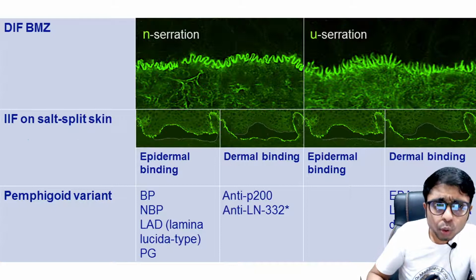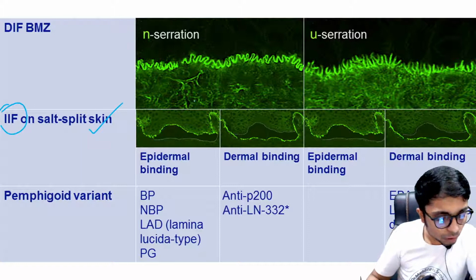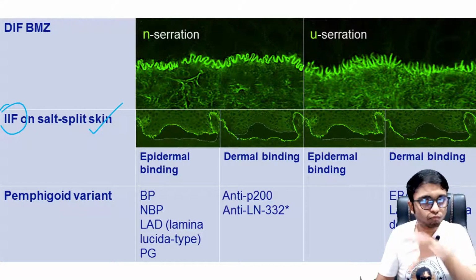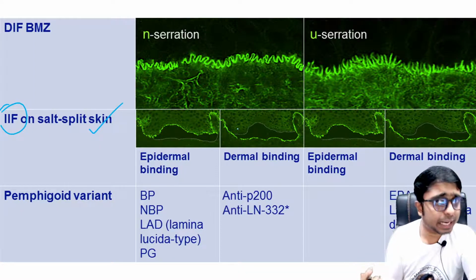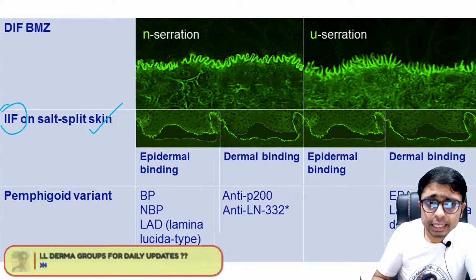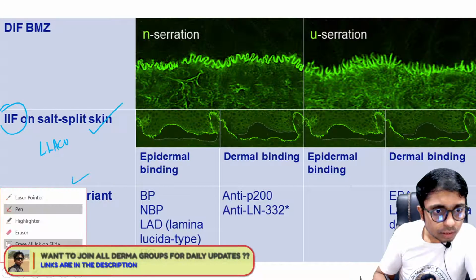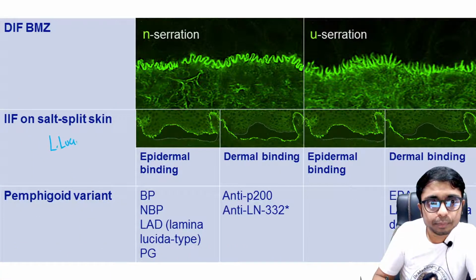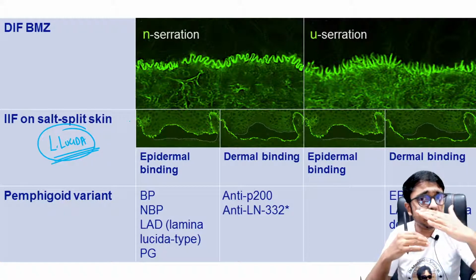And I hope all of you know this concept of the salt split technique, which is used in indirect immunofluorescence in vesiculobullous disorders. So in this, we will put the skin sample in 1 molar solution of NaCl, because of which the lamina lucida, which is the most fragile zone, will get separated.